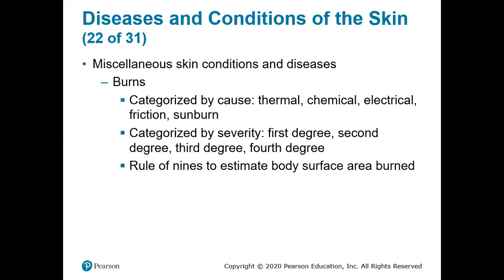Burns are characterized by their cause into thermal, chemical, electrical, friction, or sunburn categories. They are also categorized by severity: first degree, second degree, third degree, and fourth degree. The rule of nines is used to estimate body surface area burned.